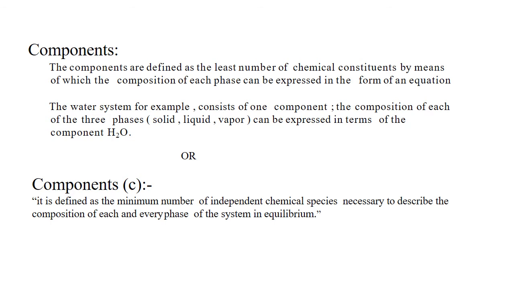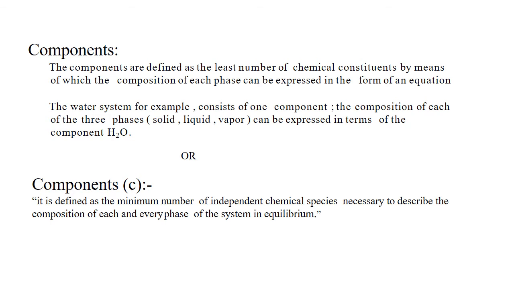The water system, for example, consists of one component because water can exist in three phases: a liquid phase, a solid phase in ice form, and the gaseous phase. But the formula of the gaseous water, solid water, and liquid water is H2O. So the component is single. The system contains one chemical species, that is water.